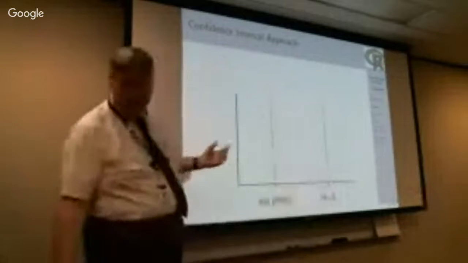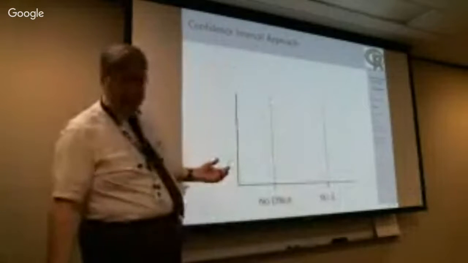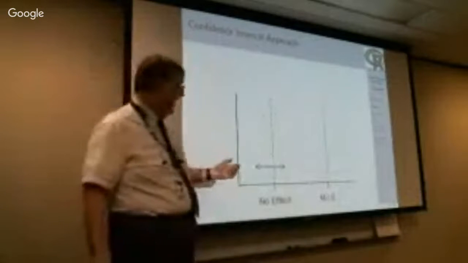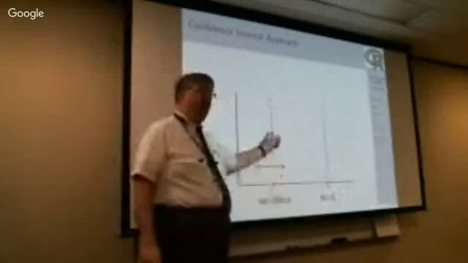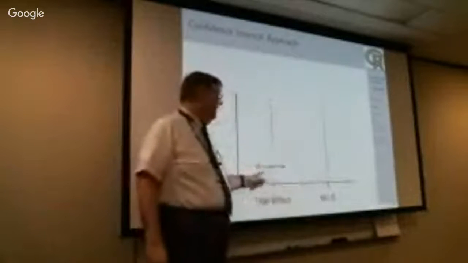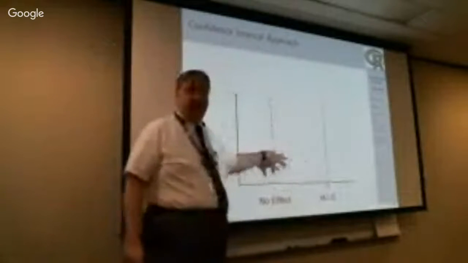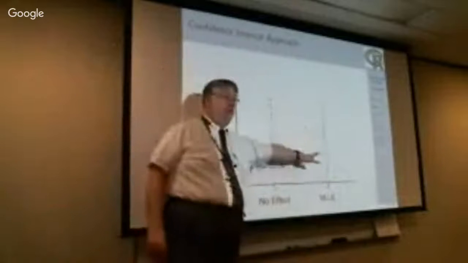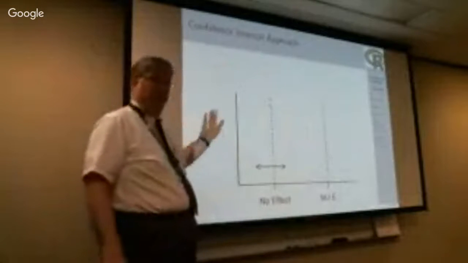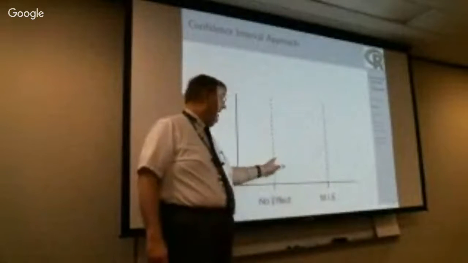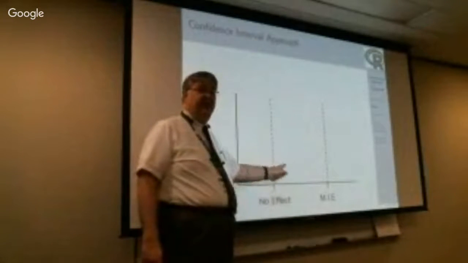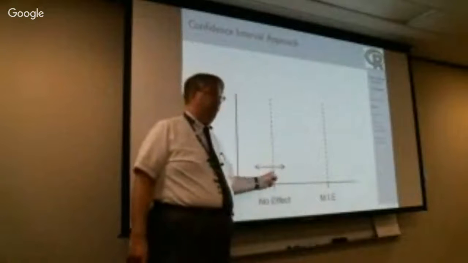So think about where we might end up with a confidence interval. Okay, so if I get this confidence interval here, it doesn't say there's guaranteed no effect, but we're completely within the uninteresting area. Okay, and I'm showing this just one-sided, but you could reflect it over here if you wanted to do it two-sided. But this is saying I can't say there's an effect, and even if there is an effect, it's uninteresting.